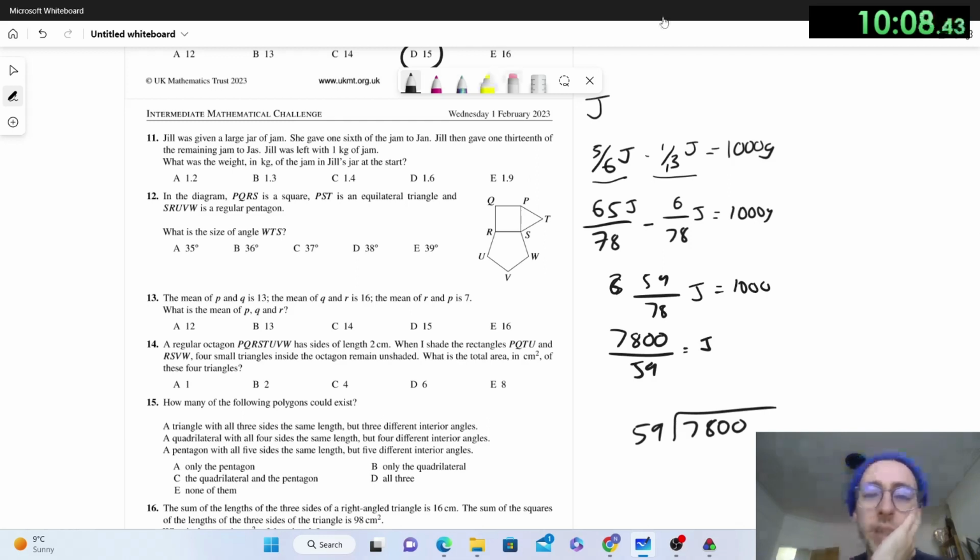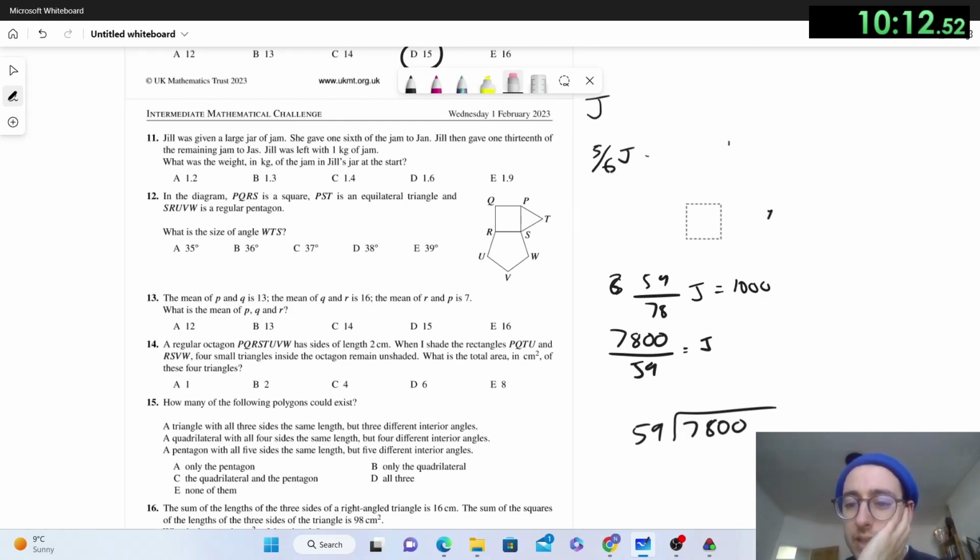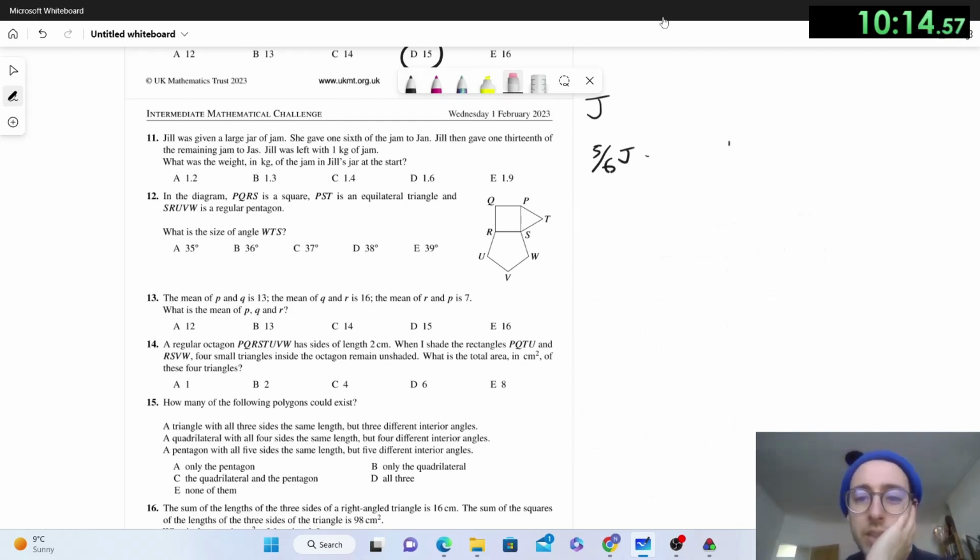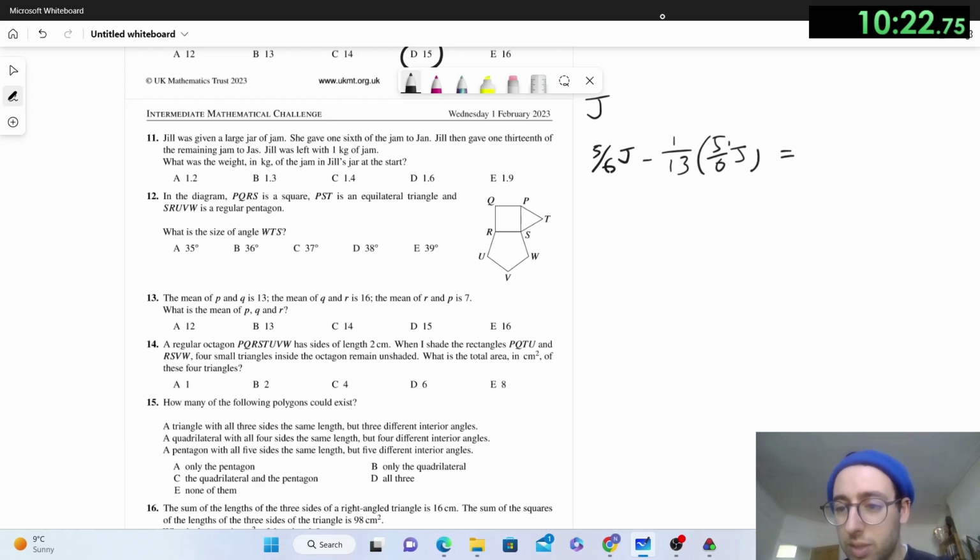No, okay, I've set this up wrong. Okay. She has 5/6, and then she loses a 13th of the 5/6, and that equals 1,000. Yeah, because it's a 13th of what's remaining. I still feel like this is wrong, but let's go with it. And we can actually factorize out the 5/6.